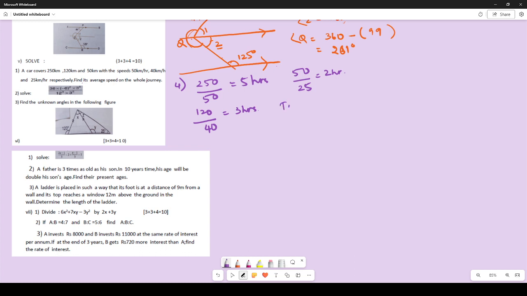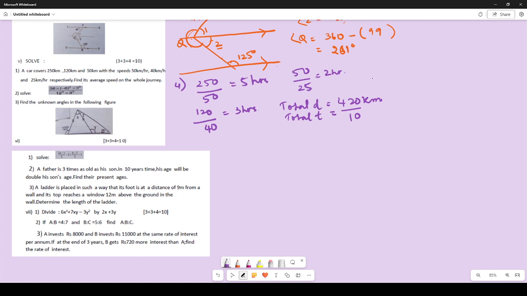So total distance you got correct. Total distance was 420 kilometers, 250 plus 120 plus 50, but total time was 10 hours.